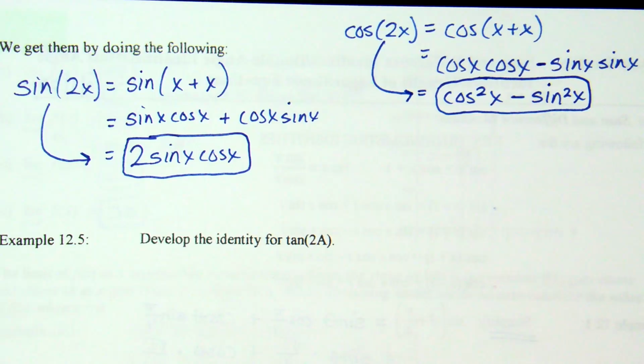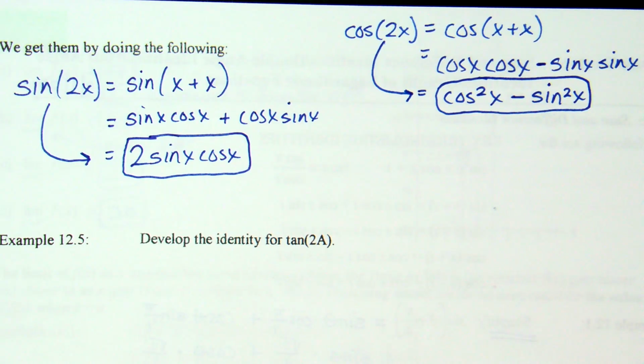Now, to get the other 2, take what we have here and let's make an adjustment. One of our other 6 key trig identities can be substituted in here and help us out. Thoughts? Okay, Pythagorean identity, right? Sine squared x plus cosine squared x equals 1.